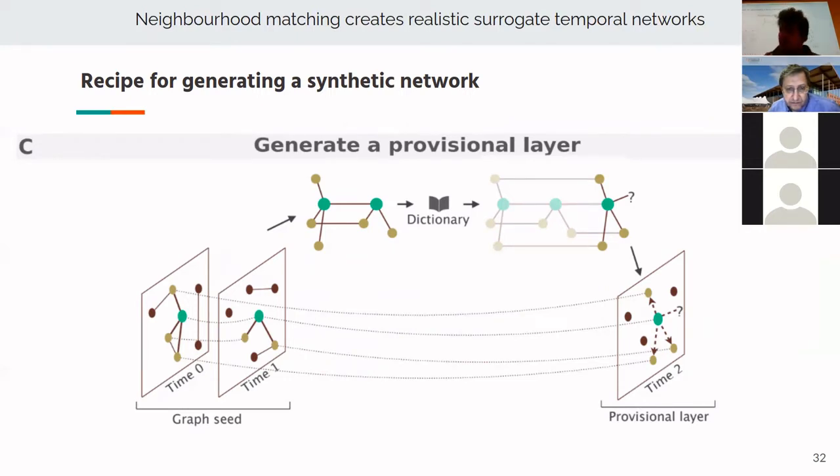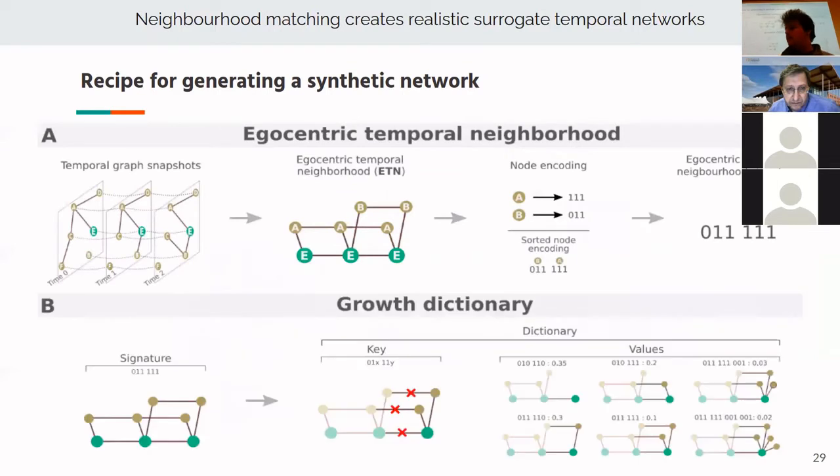But the probability comes in this part, in dictionary building. It basically counts how many times that specific motif, that specific neighborhood, appears. Yes, in this step in which I'm building this dictionary. And when I have it, I already have the probability that, having that key, I will get that structure or that structure.